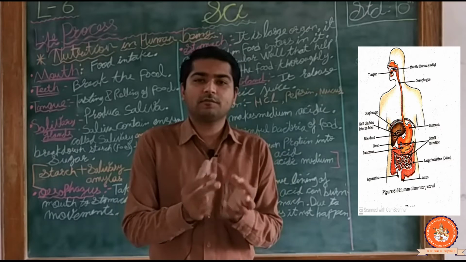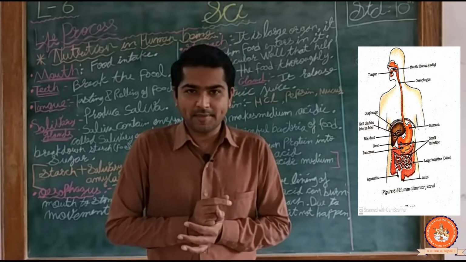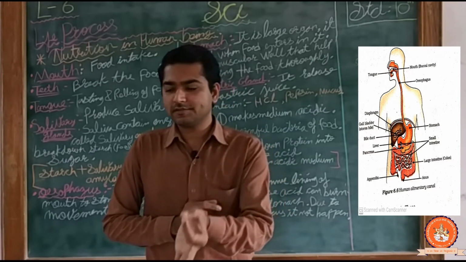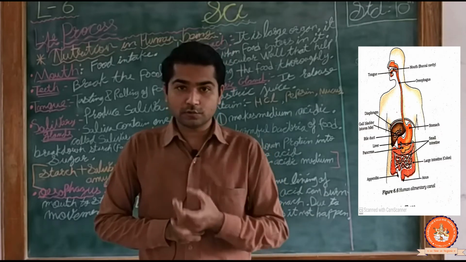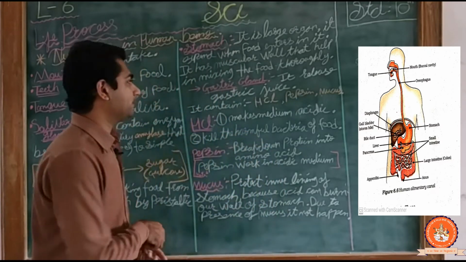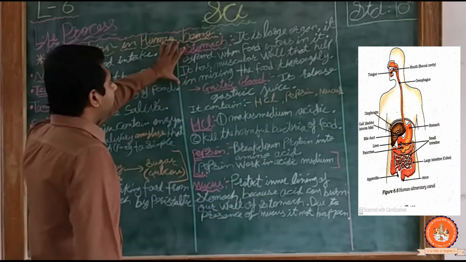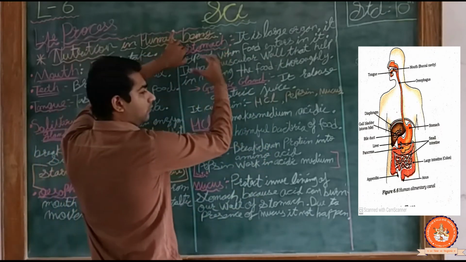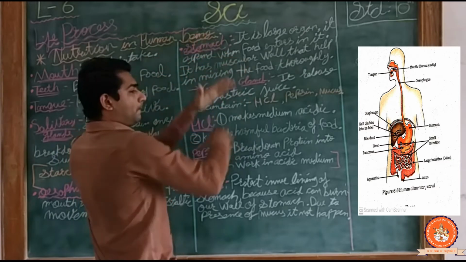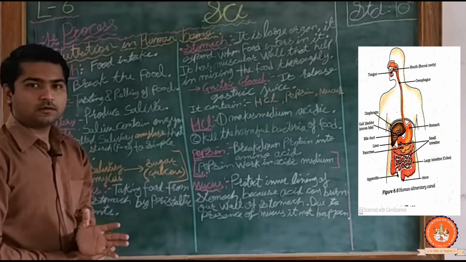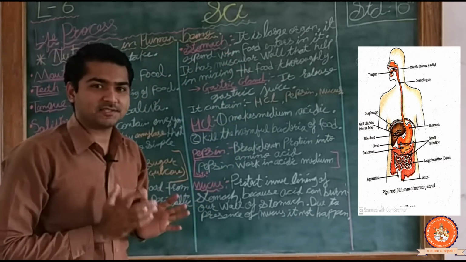So what happens? That will automatically mix. For example, a vessel also, a balloon also, like that only. So mixing food thoroughly. Now the stomach works to mix that food, or you can say digest that food.